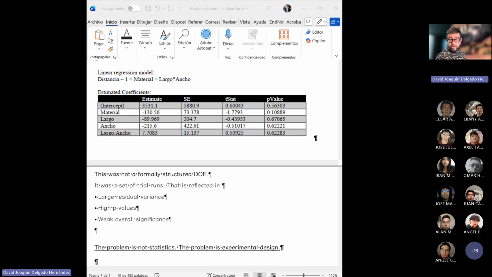So let us go to how we can design a good experiment. What is the strategy to carry out a good experiment? What would be the strategy in this case to design a very good experiment? So let me show you. I am going to share with you.